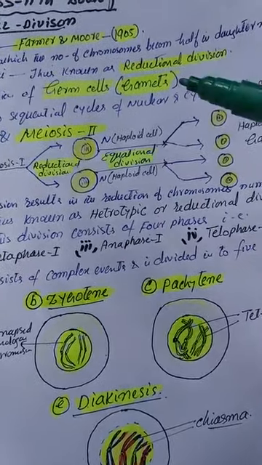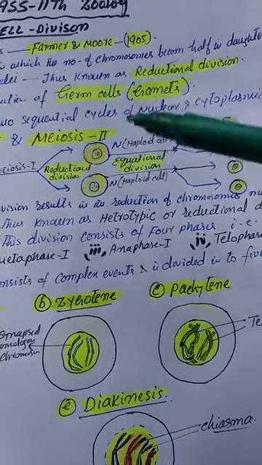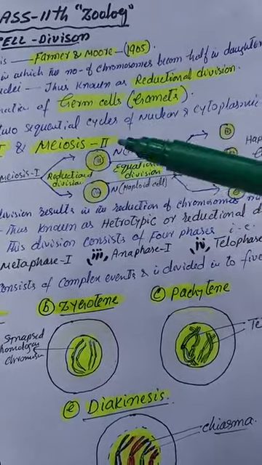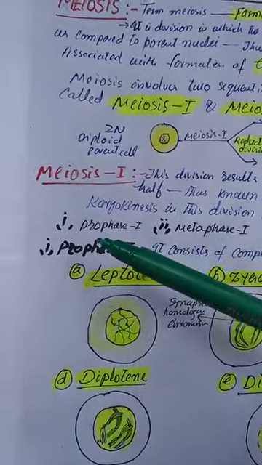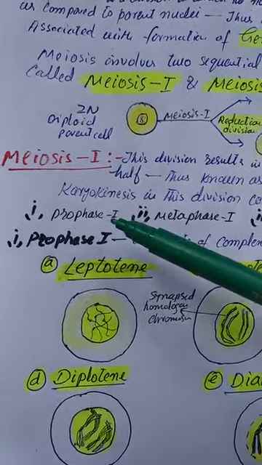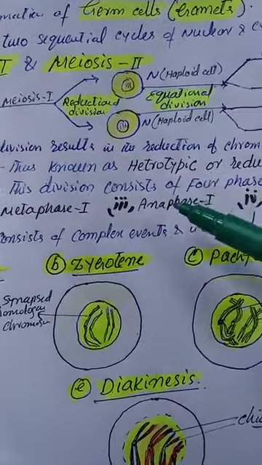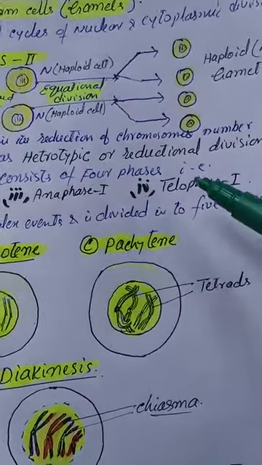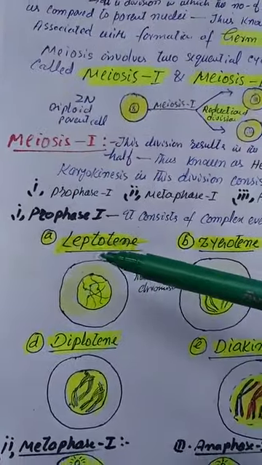The karyokinesis of Meiosis-1, that is the nuclear division, consists of four phases: prophase 1, metaphase 1, anaphase 1, and telophase 1. Now we will discuss prophase 1.